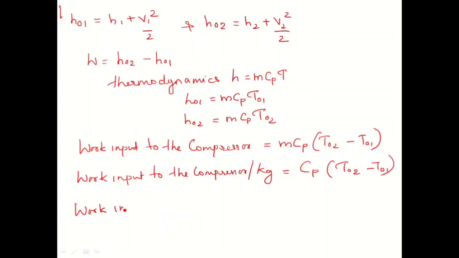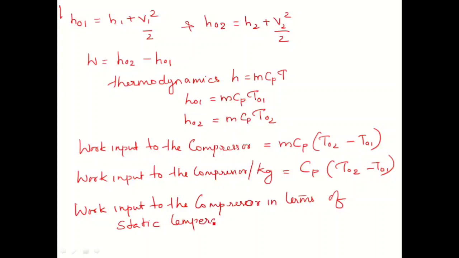Work input to the compressor in terms of static temperature becomes mCp into, instead of stagnation temperature, we are writing here static temperature at outlet minus static temperature at inlet.